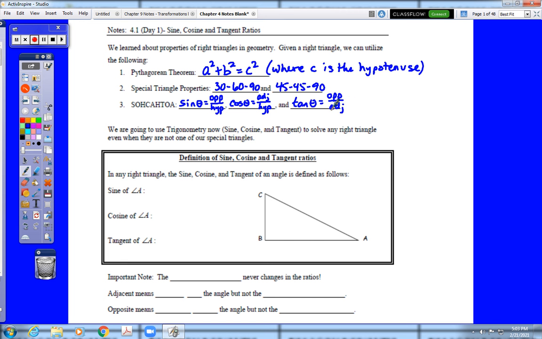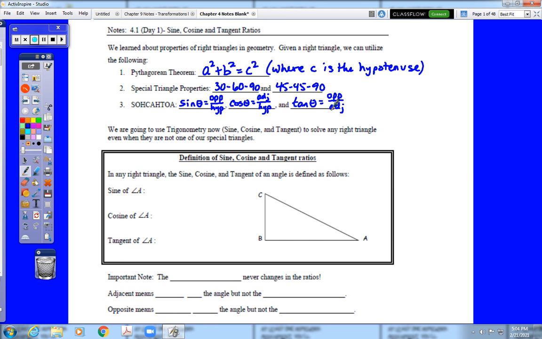That's where SOHCAHTOA comes from. Remember that sine, cosine, and tangent are specific trigonometric functions that describe a specific relationship between two of the three sides of a right triangle. Again, it all depends on what angle we are working with. So we're going to review that first.